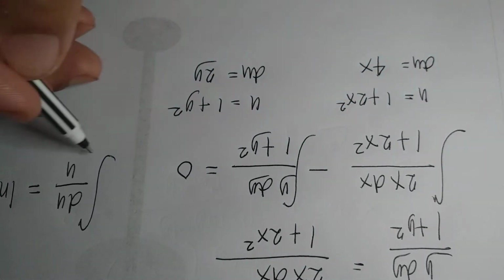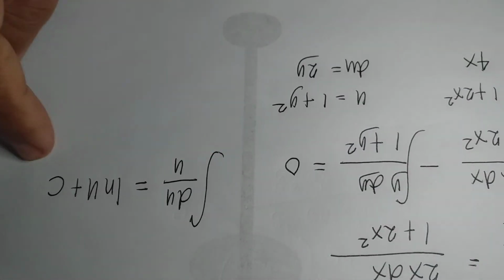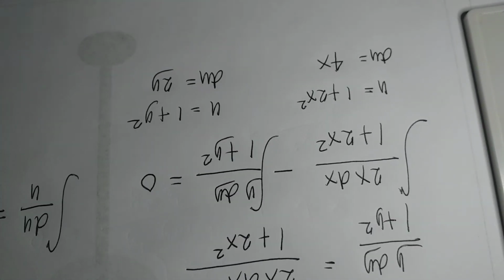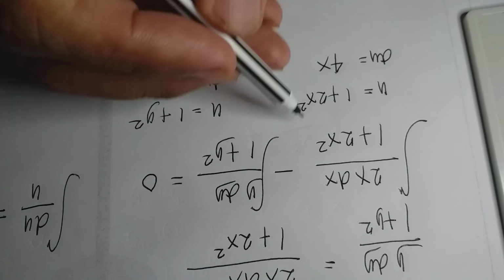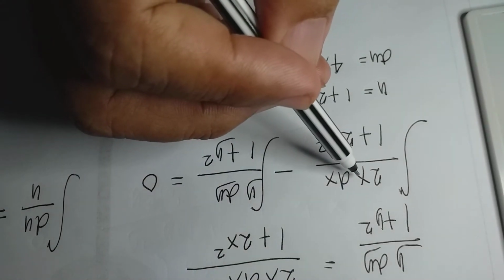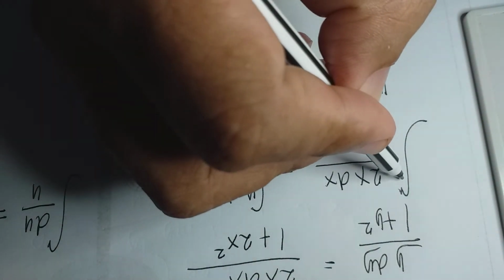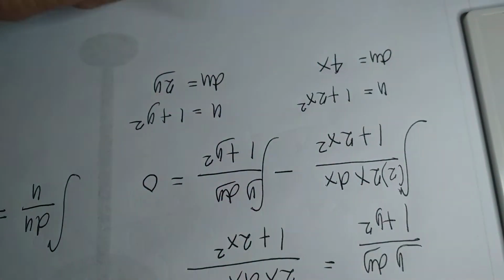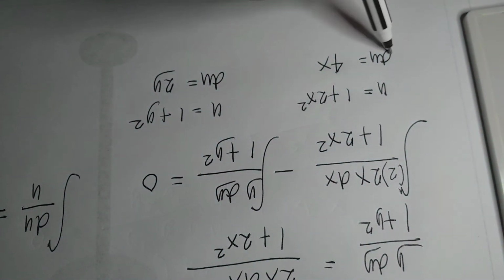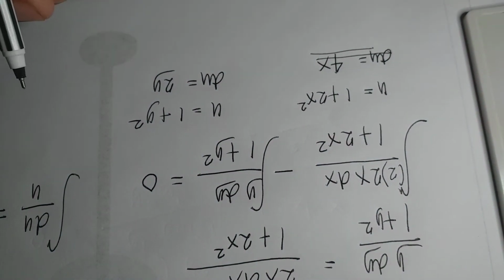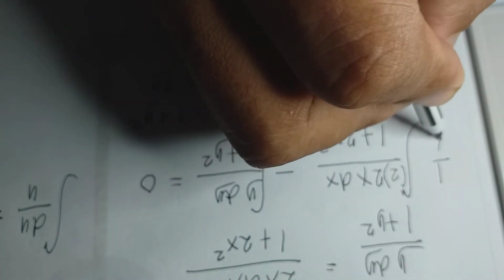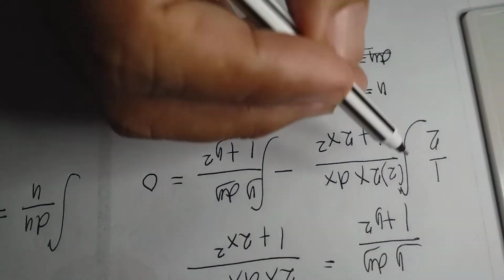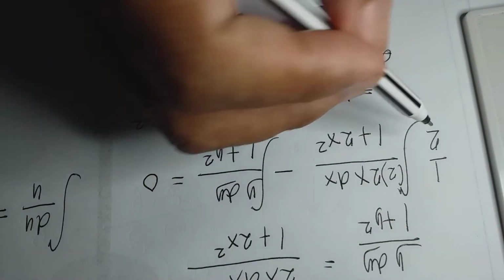Applying this in the formula du over u, our du here is 4x, but we only have 2x, so we have to multiply this by 2 to give us 4. But as we multiply this by 2, we have to multiply again by 1/2. In that case, multiplying by 2 divided by 2 gives us 1.